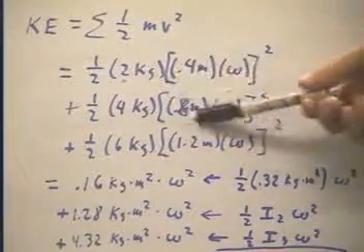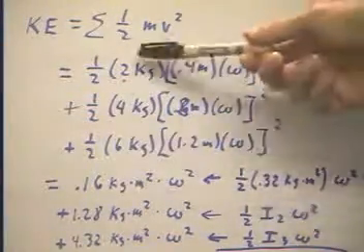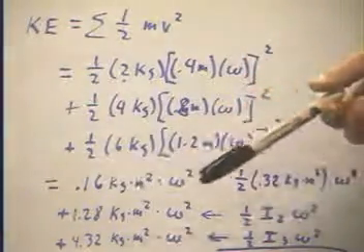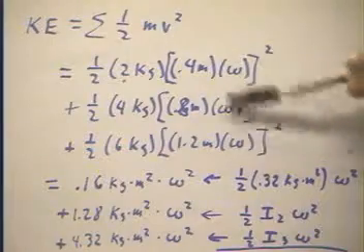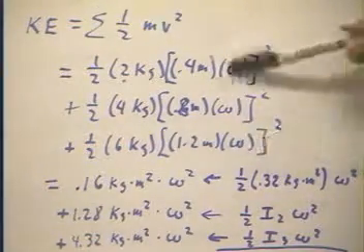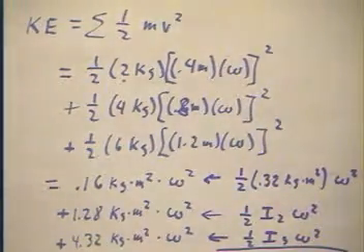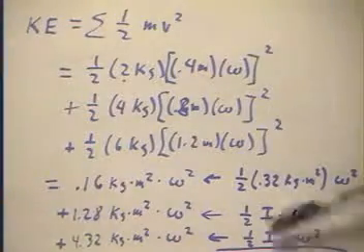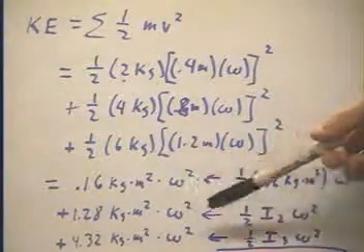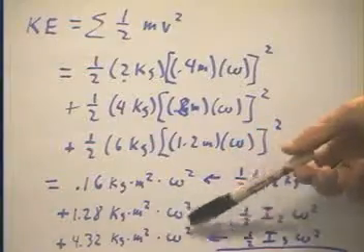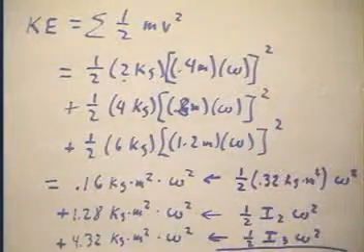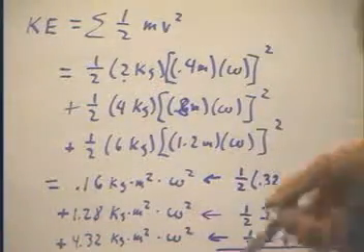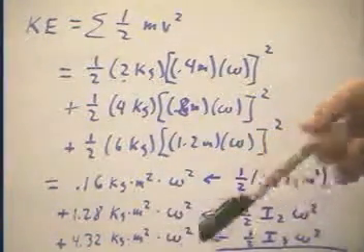When we add up the 1/2 mv squared, you see we have the masses of the 3 hoops, the radii of the 3 hoops, all multiplied by the same omega because they all have the same angular velocity. What we get is 0.16 kilogram meters squared times omega squared, 1.28, 4.32, and so forth, kilogram meters squared times omega squared, for a total of about 5.8 kilogram meters squared times omega squared.